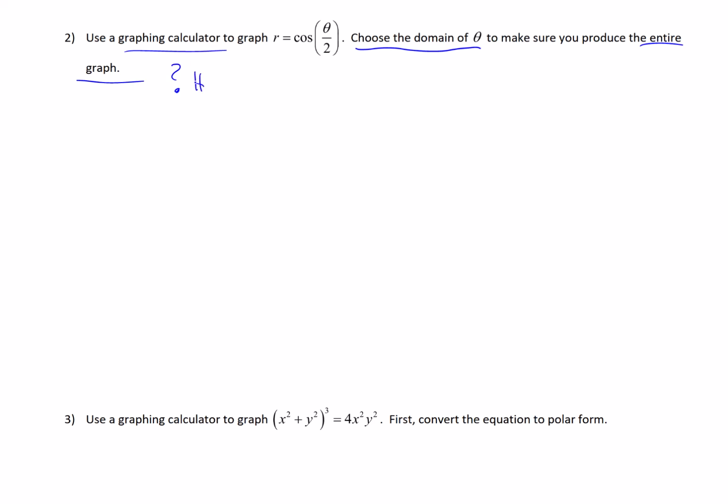How many times should or must theta rotate 2 pi, that's one full circle, to start repeating? That's the question we're thinking in our minds here.